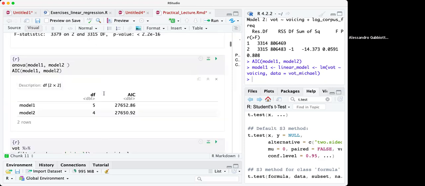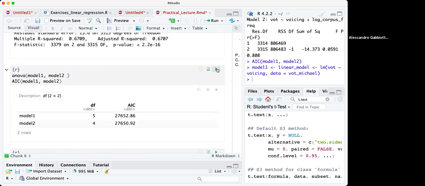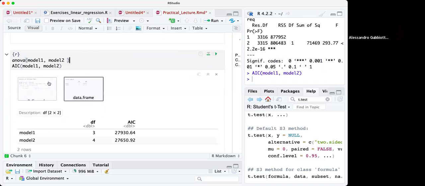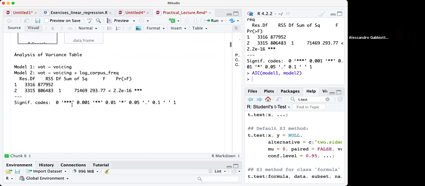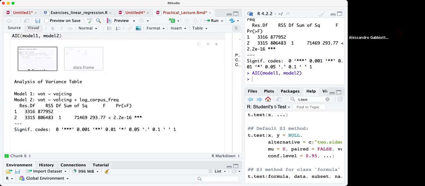What does this function tell us? The second model is better actually in this case.